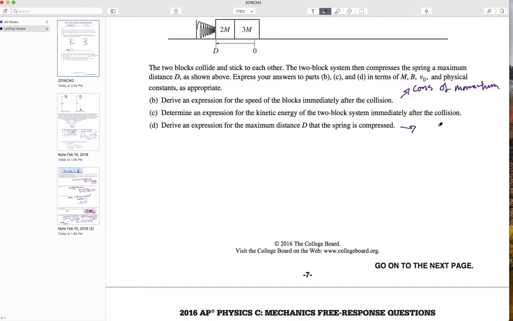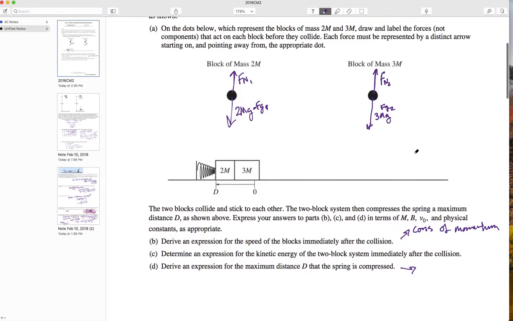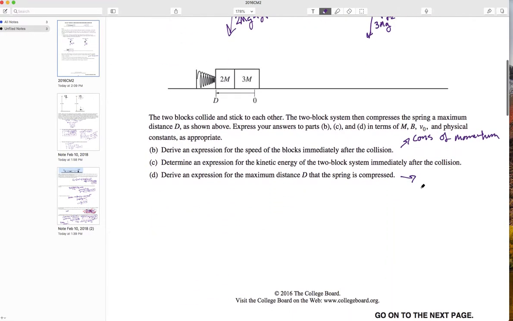The spring equation being negative beta x to the third, and that is the force equation. Now, it's possible that we might want to find the kinetic energy equation. So keep that in mind there.